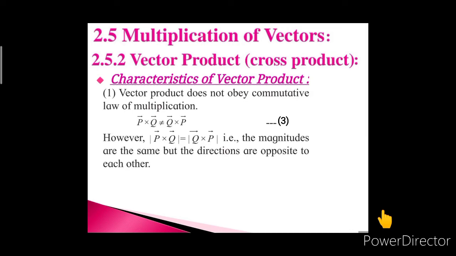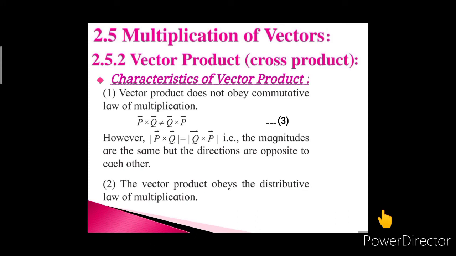However, the magnitude of vector P cross vector Q is equal to the magnitude of vector Q cross vector P, but the directions are opposite to each other. The magnitudes are the same, but the directions are different.